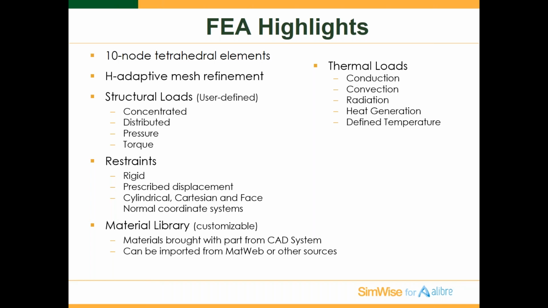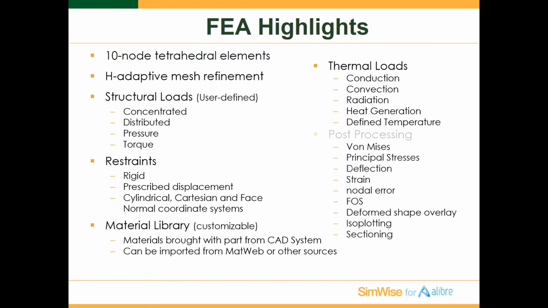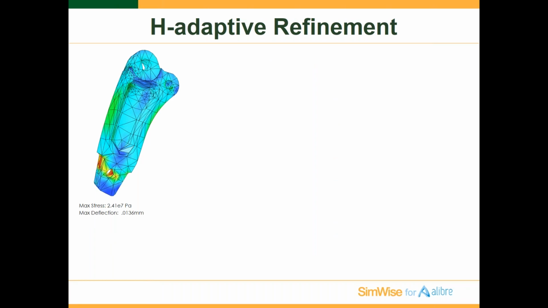They don't contain any other engineering properties. But we can define those engineering properties for that material in SimWise, and then any subsequent parts or assemblies that use that material will automatically pick up those properties when they come to SimWise. We've got different types of post-processing. Some of this we'll see in the demonstration in a few moments.